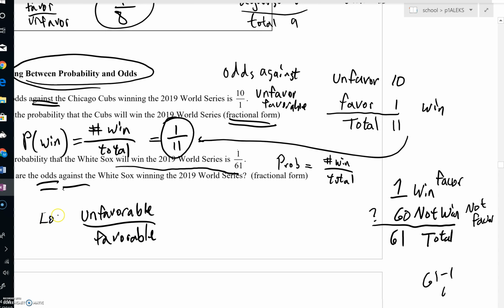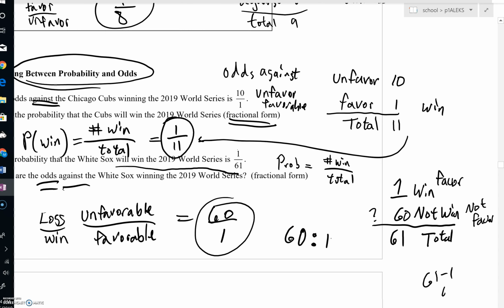So we'd have the loss all over the win. And how many losses, how many times do you not win, the unfavorable? Well, that's 60. How many times do you win? Well, that's just once. So it's 60 over 1. Don't reduce that. Don't just call it 60. That's the one time you don't reduce a fraction, because you're communicating this 60 to 1 odds.